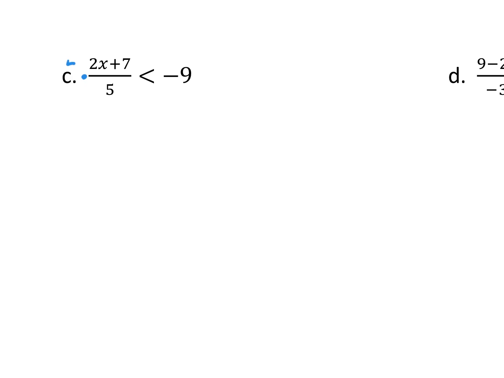Because we only have one fraction, I'm just going to multiply both sides by 5. If we do this on the left, my 5's cancel, and I am left with 2x plus 7. And on the right, we get negative 9 times 5 is negative 45.